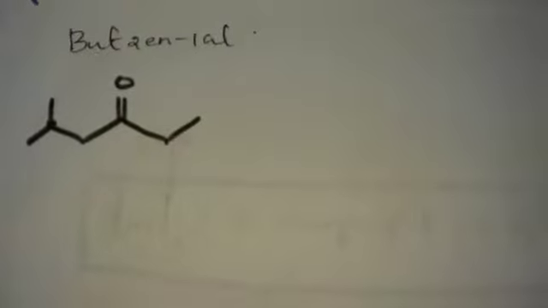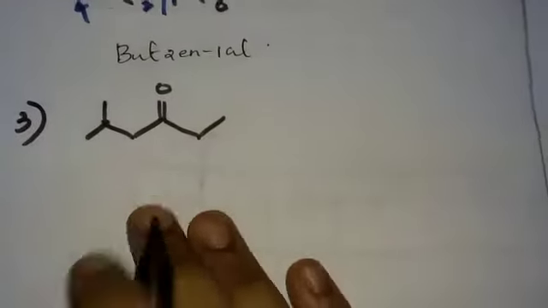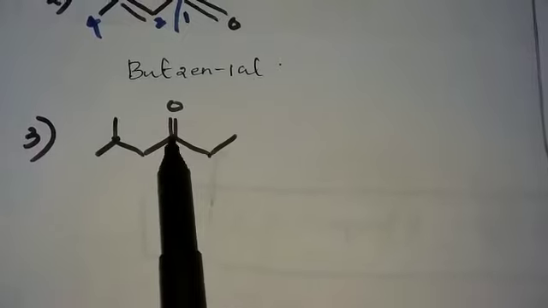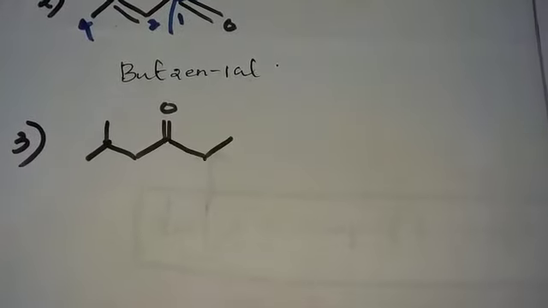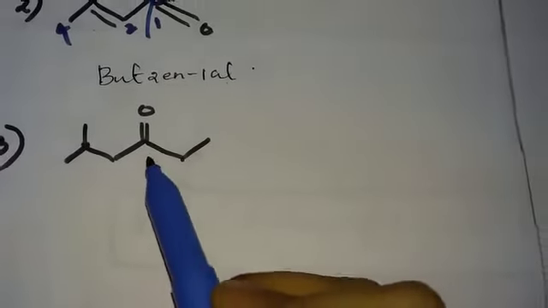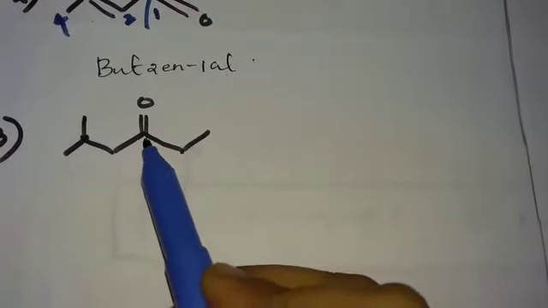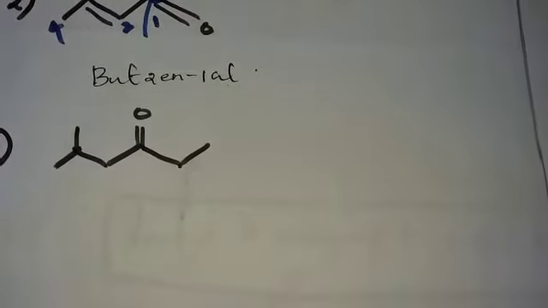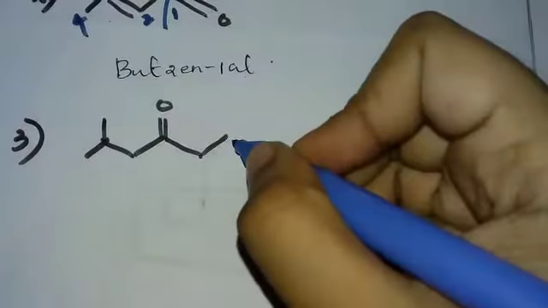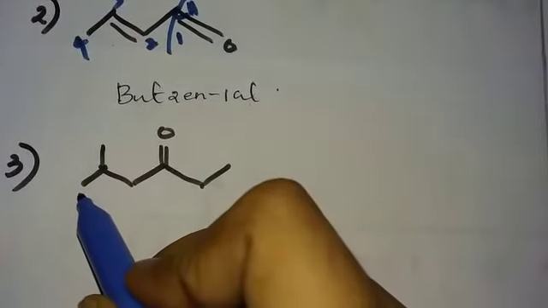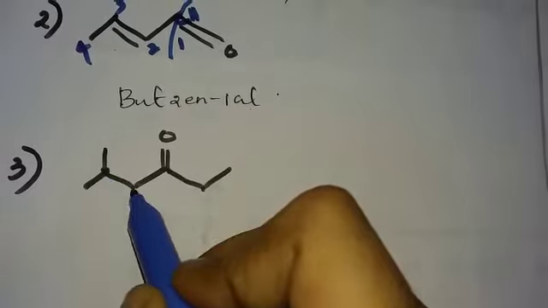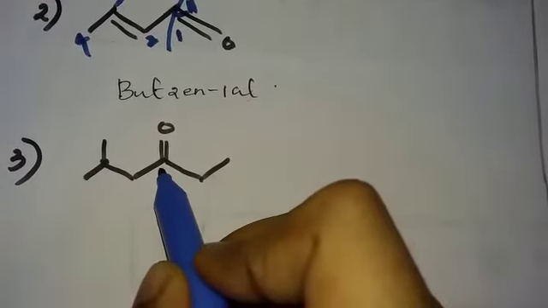This is the next question. In this question, look, this is a ketonic group, so the presence of a functional group is there. The functional group containing carbon should get the lowest number. If we number from here, 1, 2, 3, 4, 5, 6, it will get the number 4.